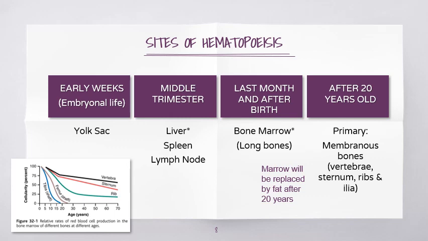By the time the person is around 20 years old, the only sites of hematopoietic production will be the membranous bones, or what we call the flat bones of the body, particularly the vertebra, sternum, ribs, and ilia.